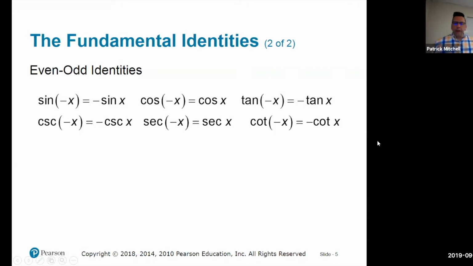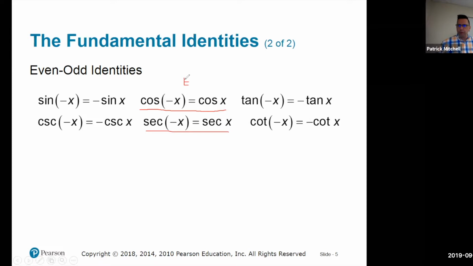All right, next you have your even-odd identities. I want to say we went over these in about section 4.2. Remember, the only two trigonometric functions that are even are the cosine and the secant. Those two are both even.